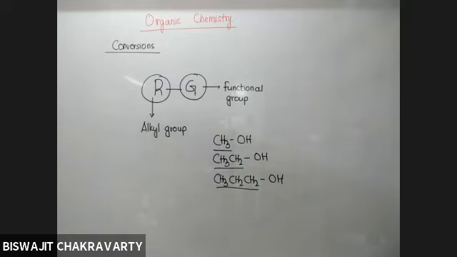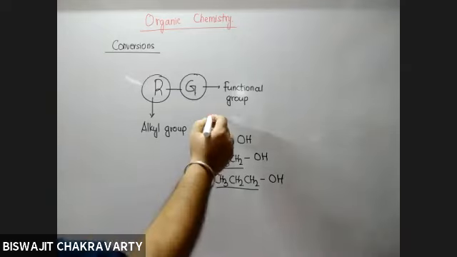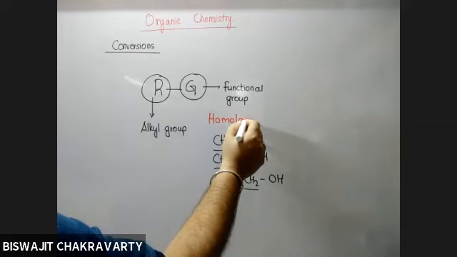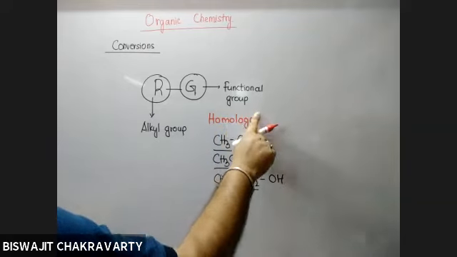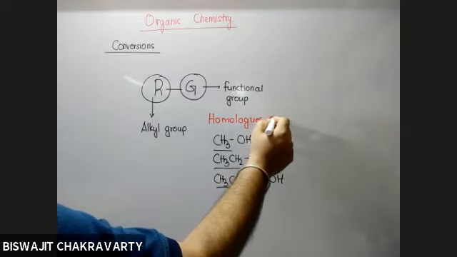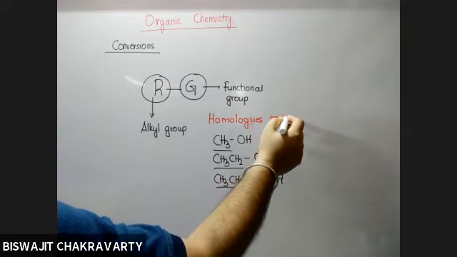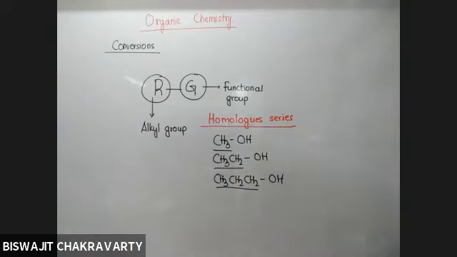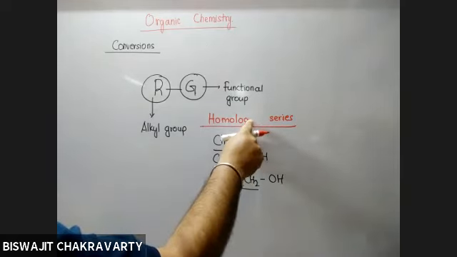All of them are alcohols, and the family name that we use in organic compounds is called a homologous series.